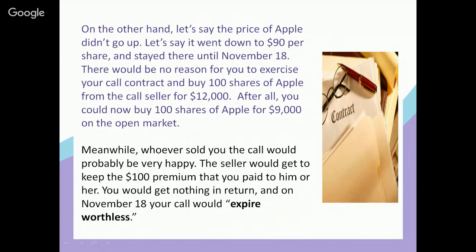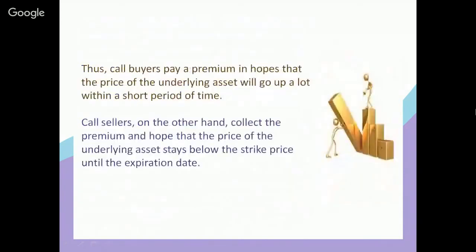That's what it's called when things go badly for you, the call buyer, and you just let your call contract expire. November 18th comes and goes and you didn't exercise it, so it would expire worthless. Thus, call buyers pay a premium in hopes that the price of the underlying asset will go up a lot within a short period of time.